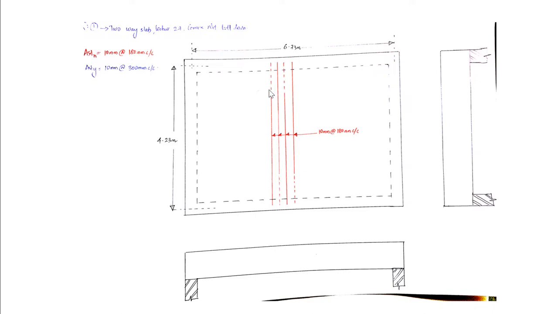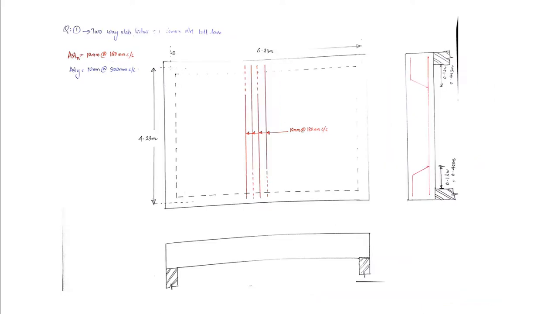So one end will be bending the bar and the other end it will be going straight. Or you can do in another way, that one bar will go straight, the other bar will bend here as well as here. It is alternately, anyway we need to bend the bars. That is, we have provided 10 mm at 180 mm center to center for ASTX along the shorter direction, and correspondingly we have drawn here.